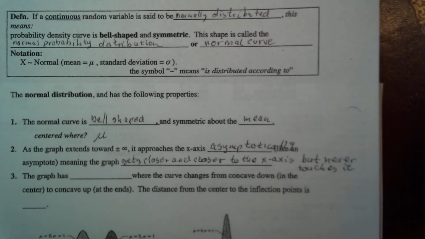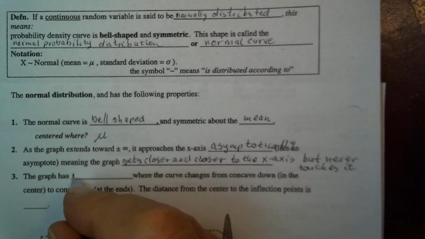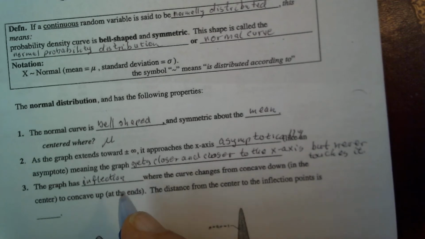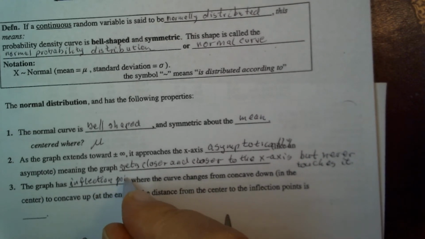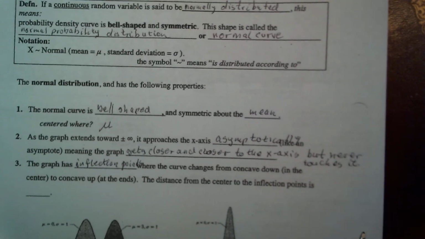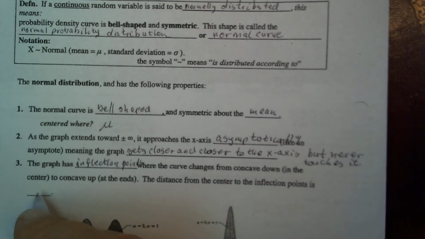Okay, so the graph has what are called inflection points. That is where the curve changes from concave down to concave up. And the distance from the center to the inflection point is simply the standard deviation sigma.